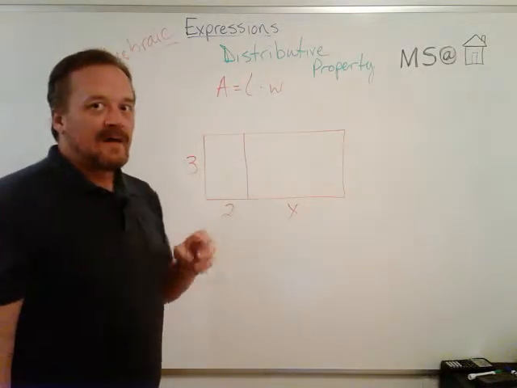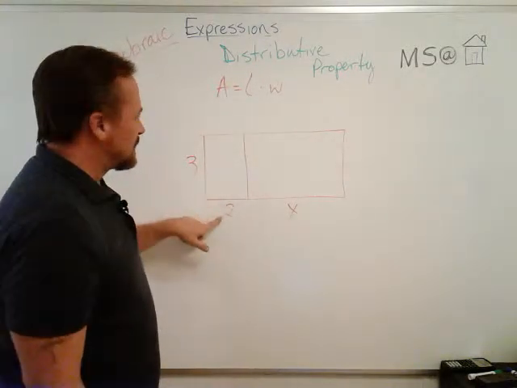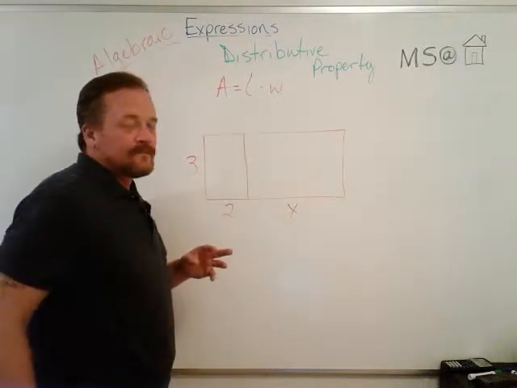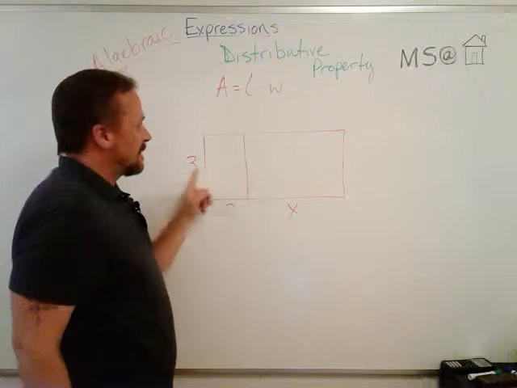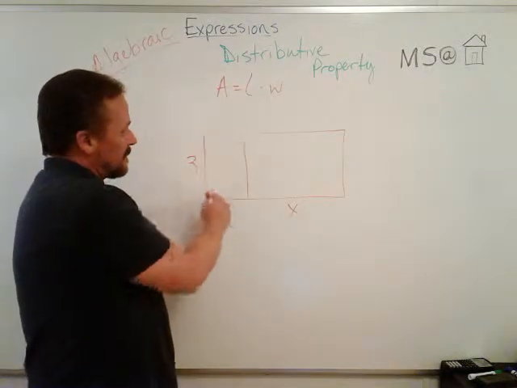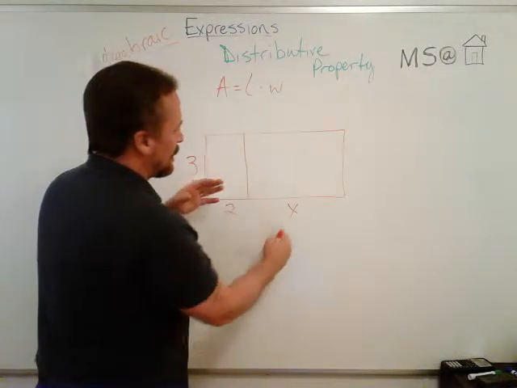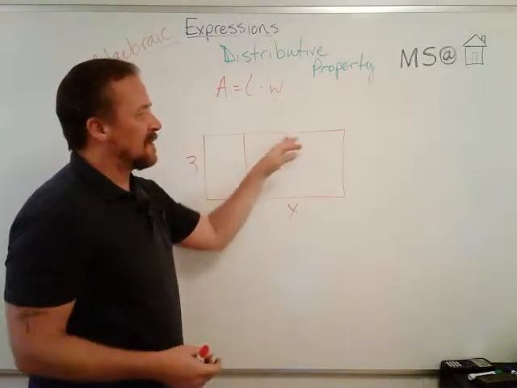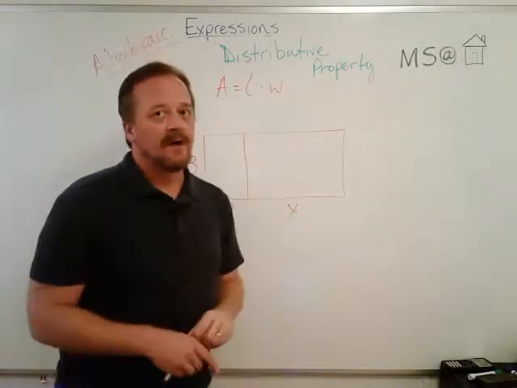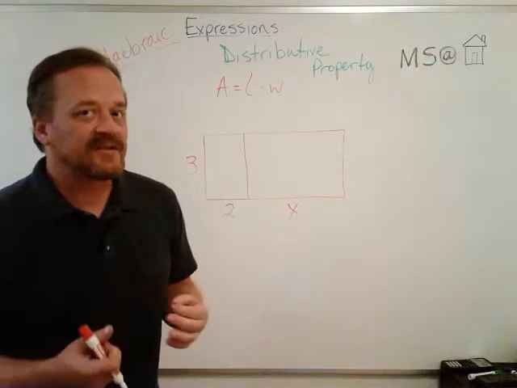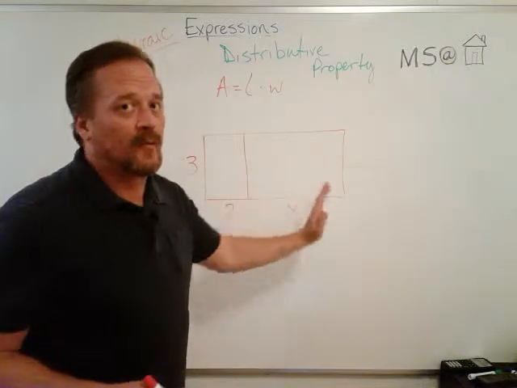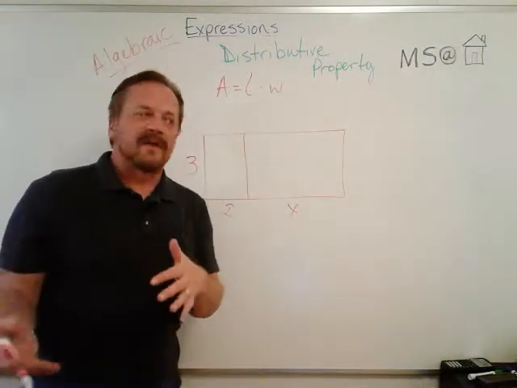All right. Now I know I'm going to have to multiply this times this. What am I going to multiply by x? The same thing, right? Same length right here. So 3 times unknown will give me the area of this rectangle. What I would like you to do is write an expression that we will then simplify to show the area of both. Now this is just like the cupcake thing, okay?